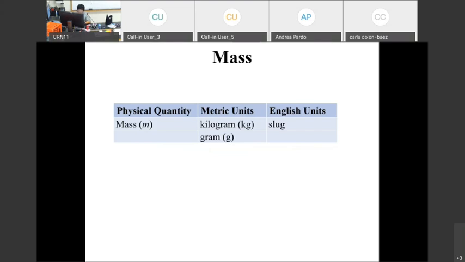For example, a pen is made of what? Made of atoms. And the atoms have what? Protons, electrons, and neutrons, right? But regardless, mass is the amount of stuff, the amount of matter, and it's measured in kilograms or grams.